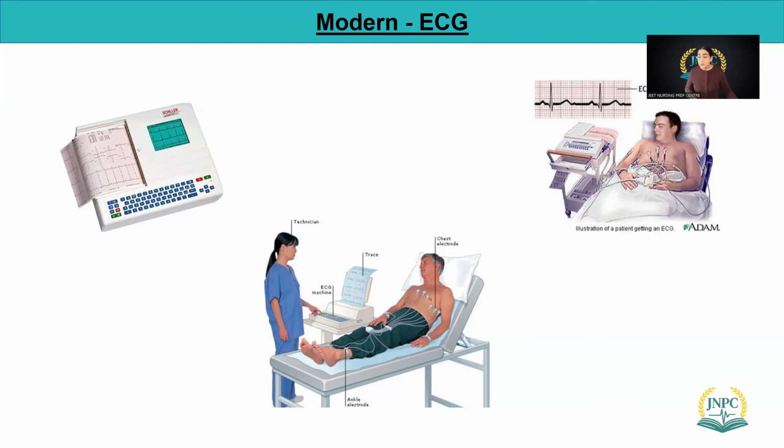Right? So now the question: can an RN interpret ECG? Is it under our scope? Yes, we have to, because that's a critical thing. And that's why we are getting more pay, because we have to use our brain and our critical thinking a lot. And can an LPN or RPN interpret it?